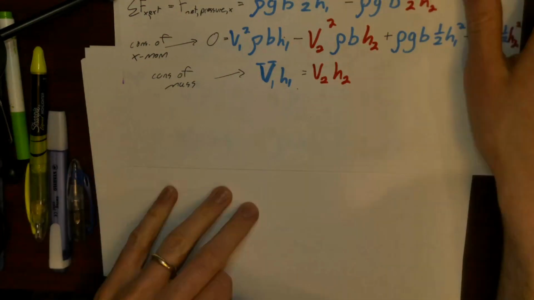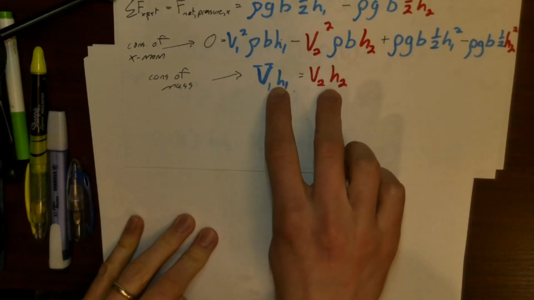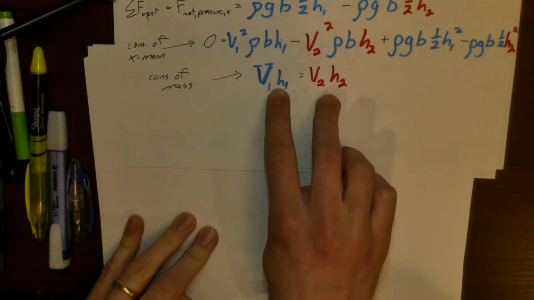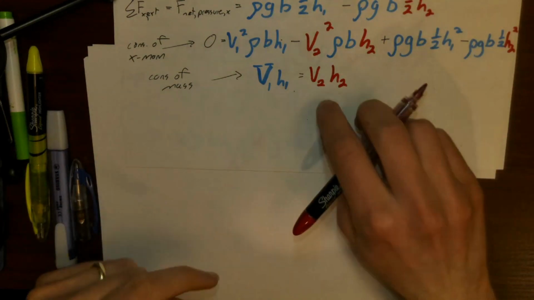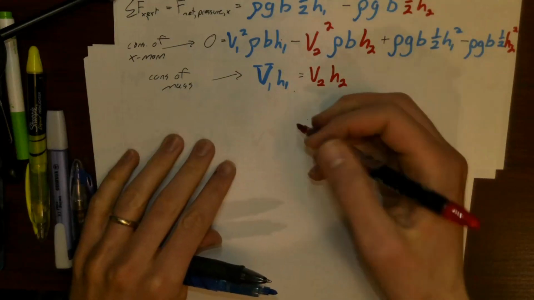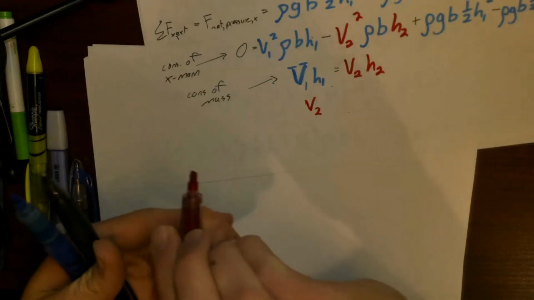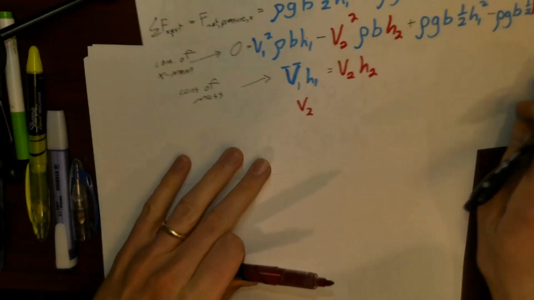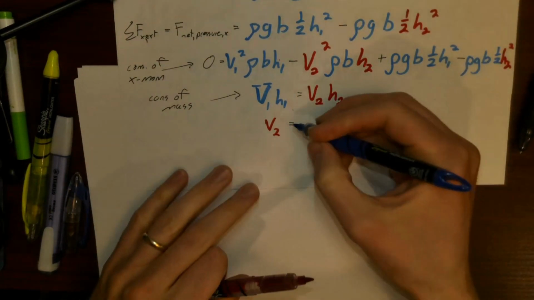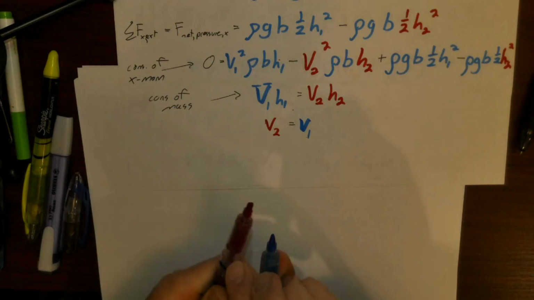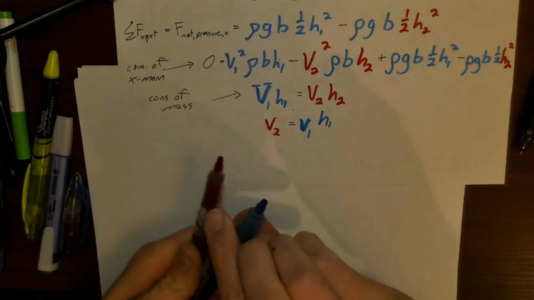So we have this equation right here. If I solve this equation for V2, I can basically say V2 is equal to V1 times H1 over H2.